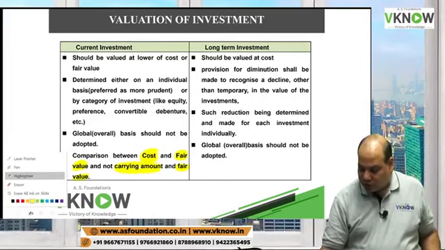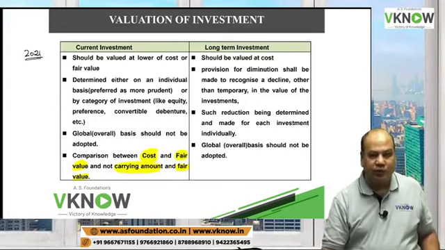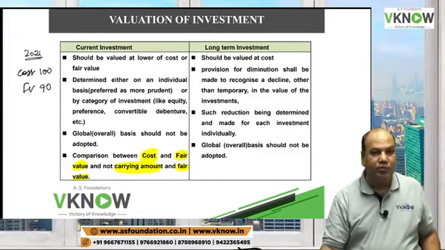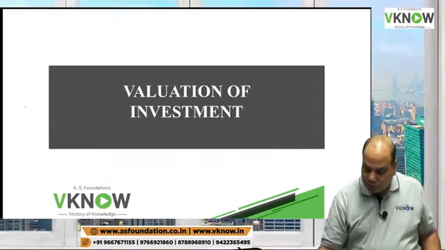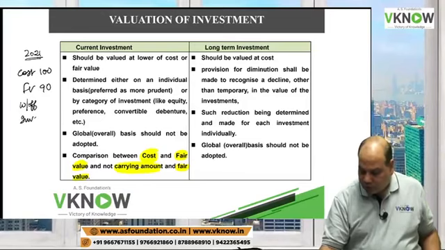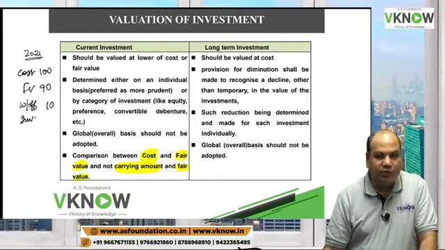So what is the difference? Let us say in 2021, you purchased an investment whose cost is 100 rupees, whose fair value was 90 rupees. So you will write off the investment by 10 rupees.